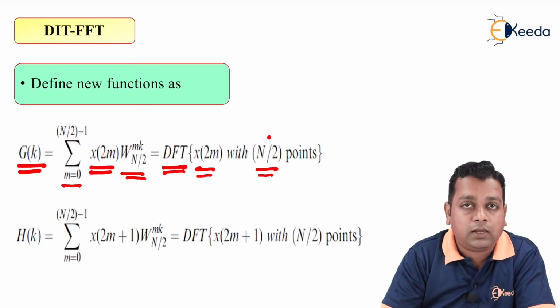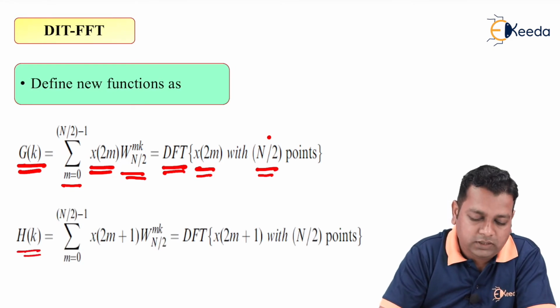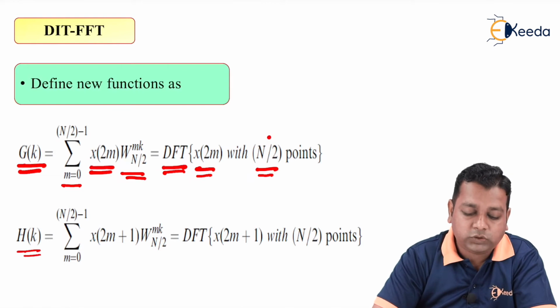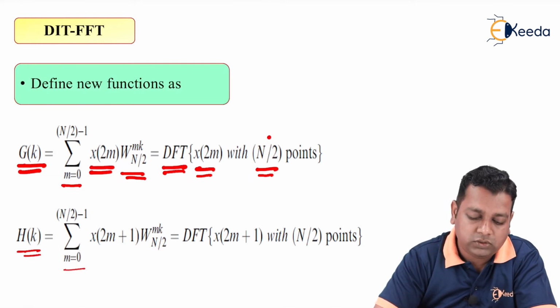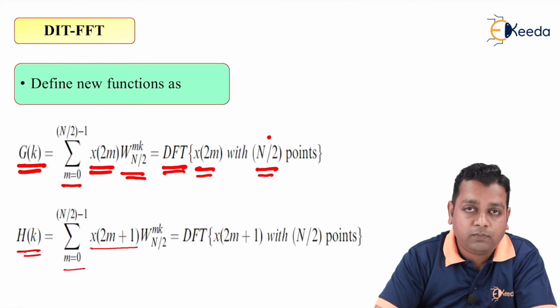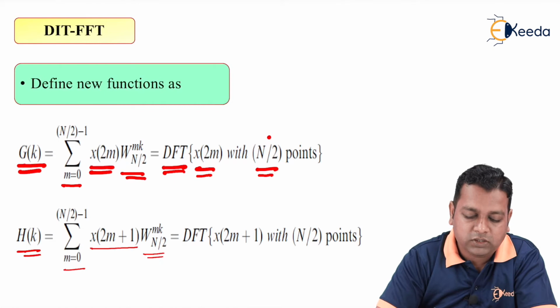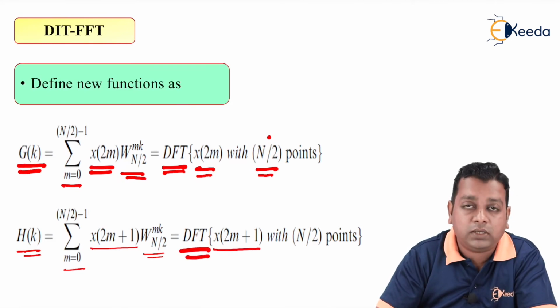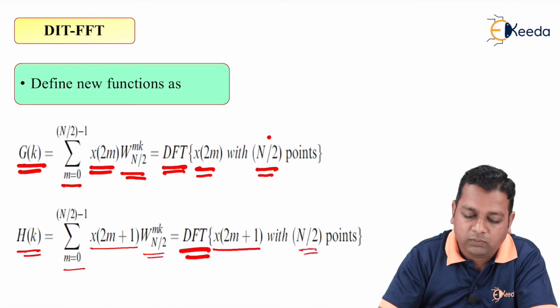Now the other part is represented as the new function capital H of k. It holds the summation m equal to 0 to N by 2 minus 1 for x of 2m plus 1 multiplied by the twiddle factor W suffix N by 2 to the power mk. This is nothing but the DFT operation over x of 2m plus 1 with N by 2 points.